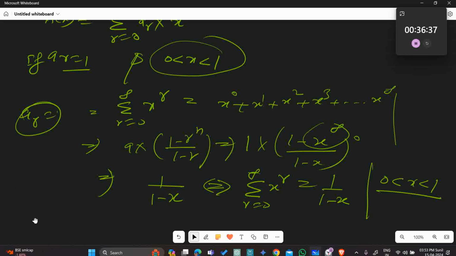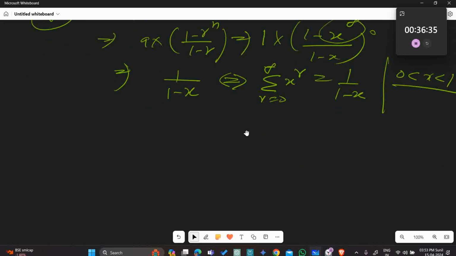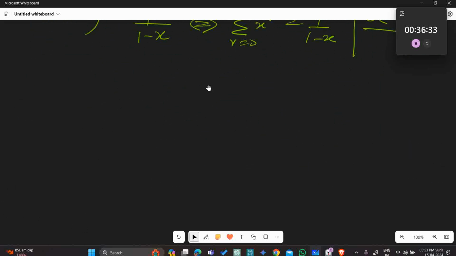Right. Now let's solve some general questions here. a of r is equal to 1, the sequence 1, 1, 1, dot dot dot infinite times. Is it like that? For r values 1, 2, 3.